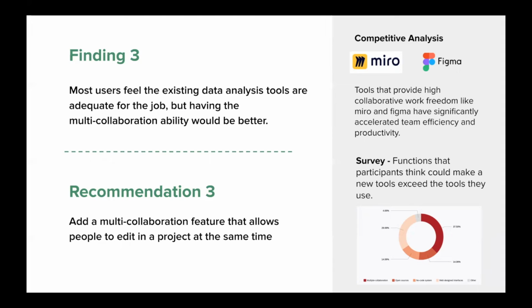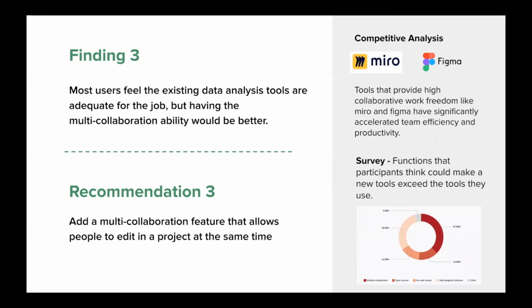And in the survey, we asked participants about a function that they think could make a new tool exceed the tool they are using. Over 37% of them reflected that multiple collaboration would be an icing on the cake. Therefore, Ex Machina could consider adding a multiple collaboration feature that allows people to edit and manage the product at the same time.